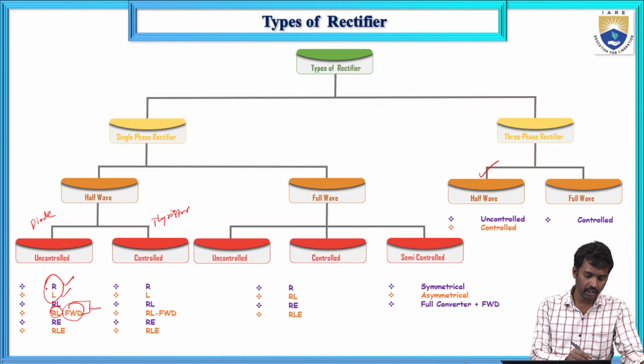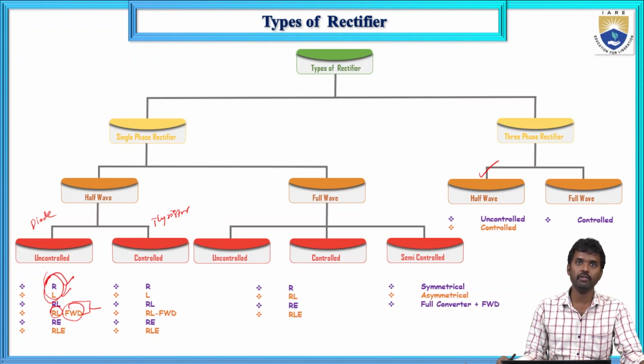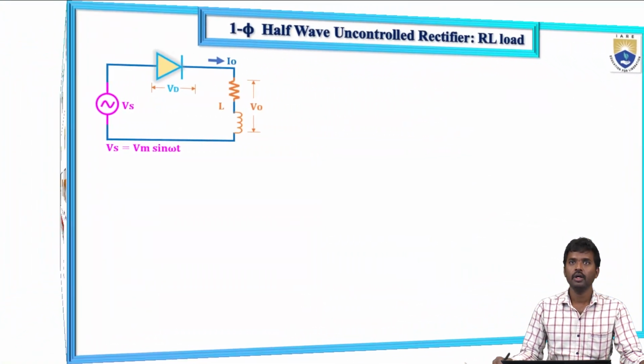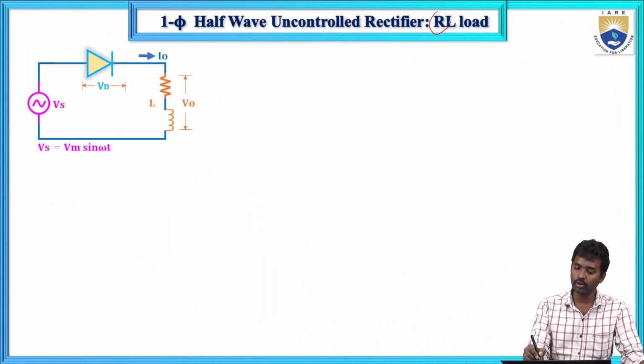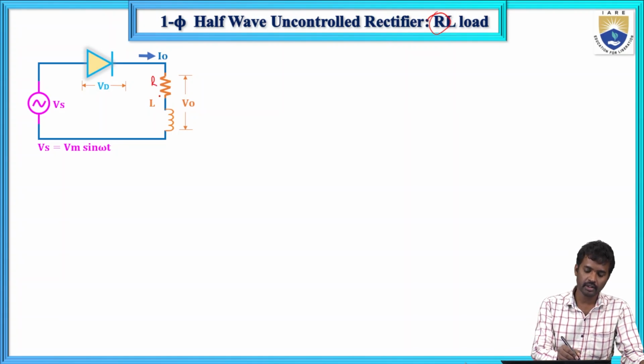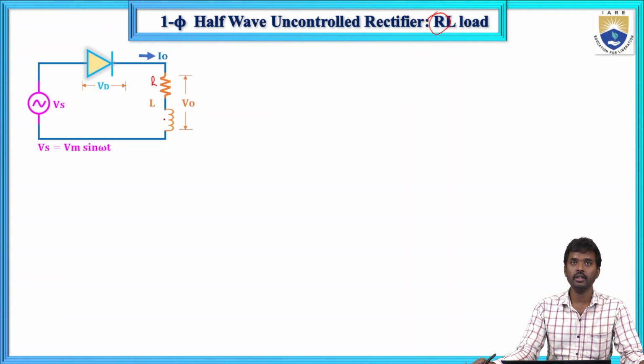In the last lecture we discussed only R and L type of load for the single phase half wave uncontrolled rectifier. Now we are going to discuss the single phase half wave uncontrolled rectifier with RL load. RL load means resistor and inductor connected in series.